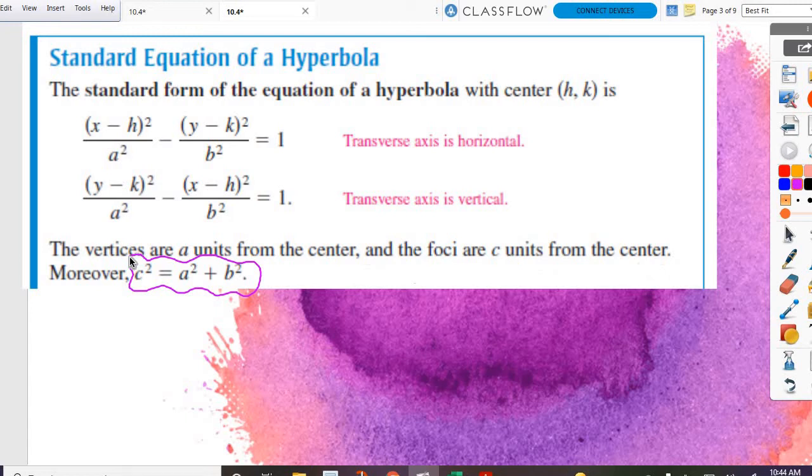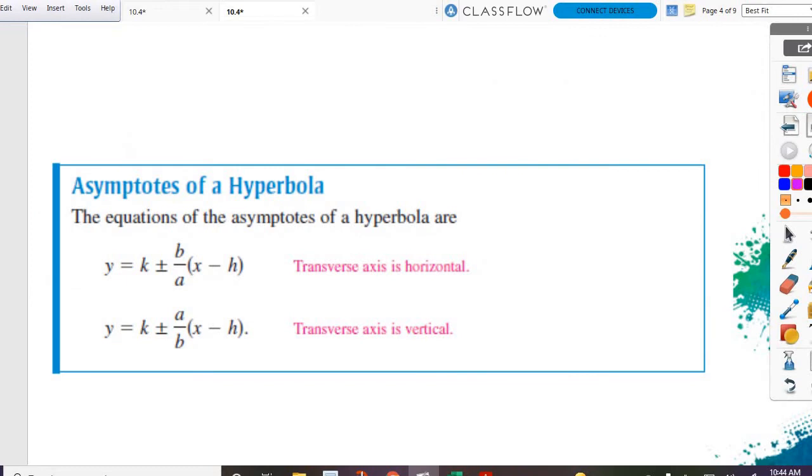So again, there's a lot of formulas. Our last set of formulas that we're going to learn for our conic sections are asymptotes of our hyperbolas. So your hyperbolas do have asymptotes. Your asymptotes are going to tell us how wide or narrow your parabolas are.